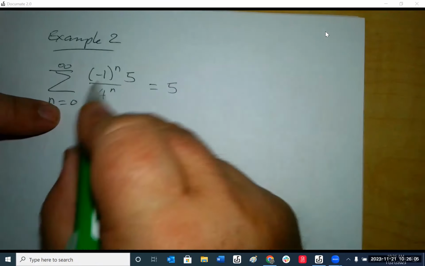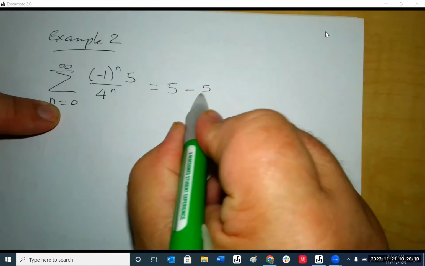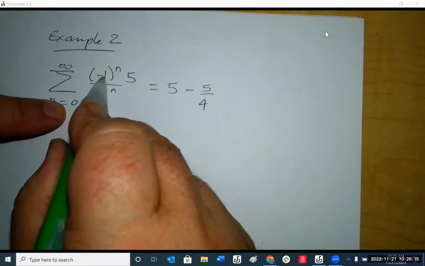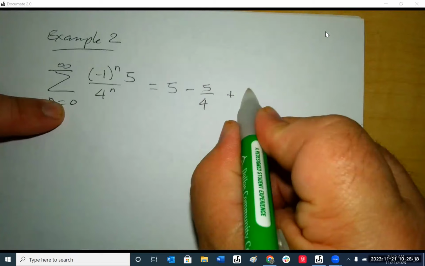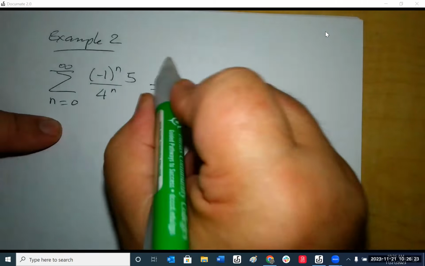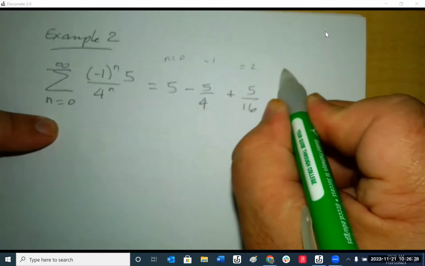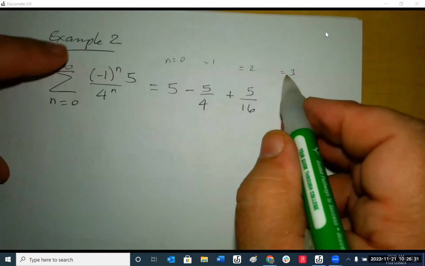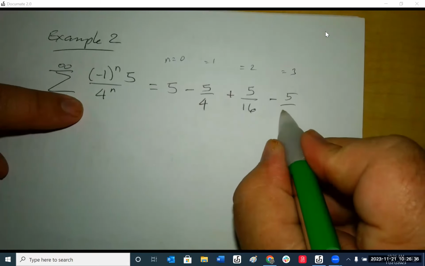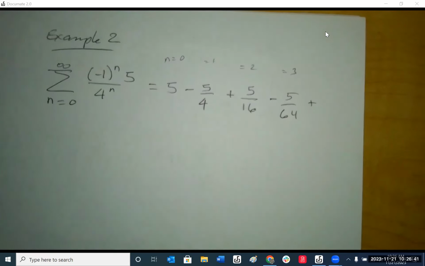Now when n is 1, it would be minus 5/4. When n is 2, that's squared, so it's positive 5/16. This is when n equals 0, 1, 2, 3. So when n equals 3, that makes it a negative, and 4 to the third is 64. So it's going to alternate positive, negative, positive, negative.